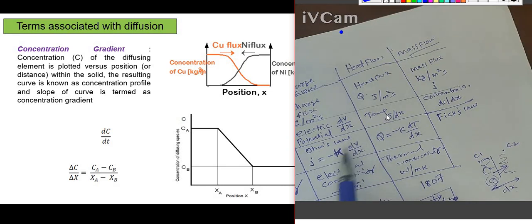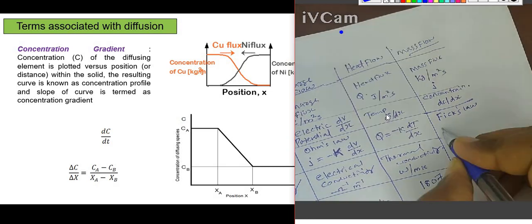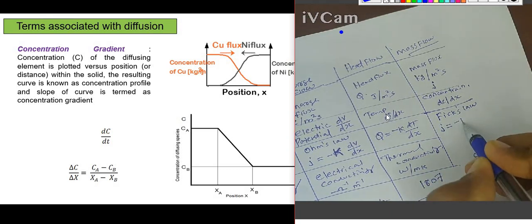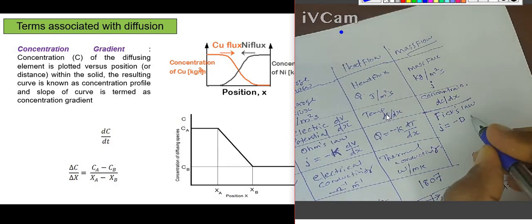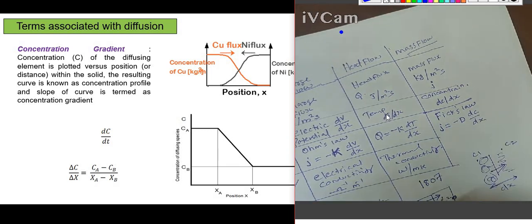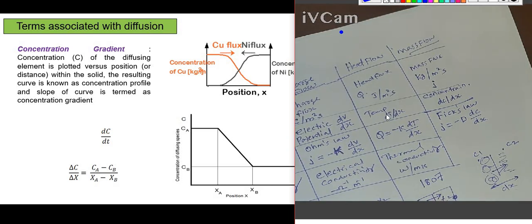Similarly, we can write Fick's law as J is equal to minus D into the gradient, dou c by dou x. So this is Fick's law.